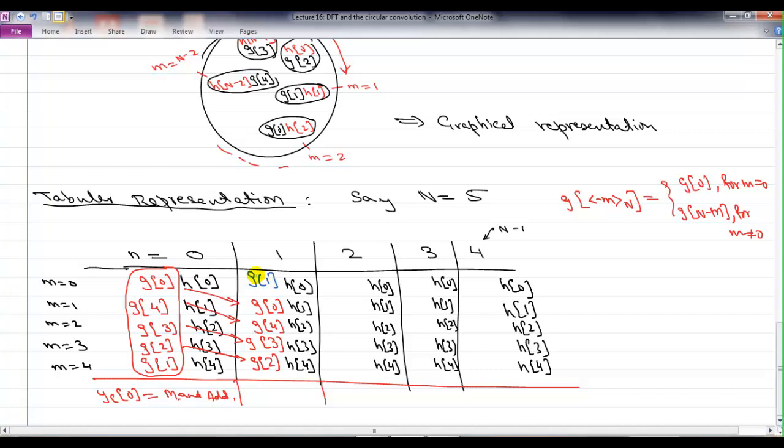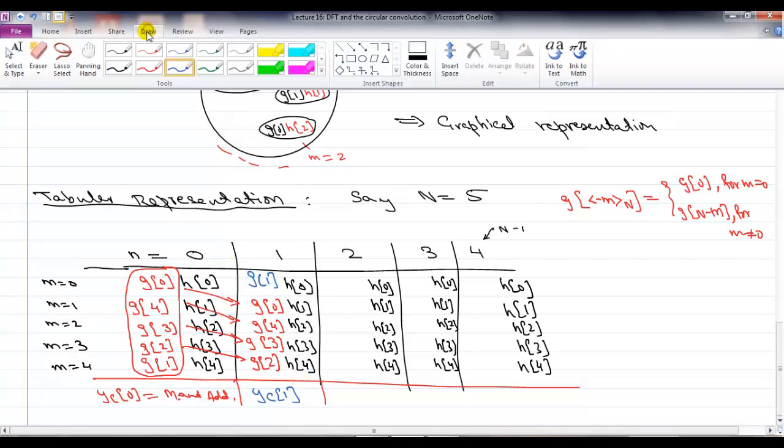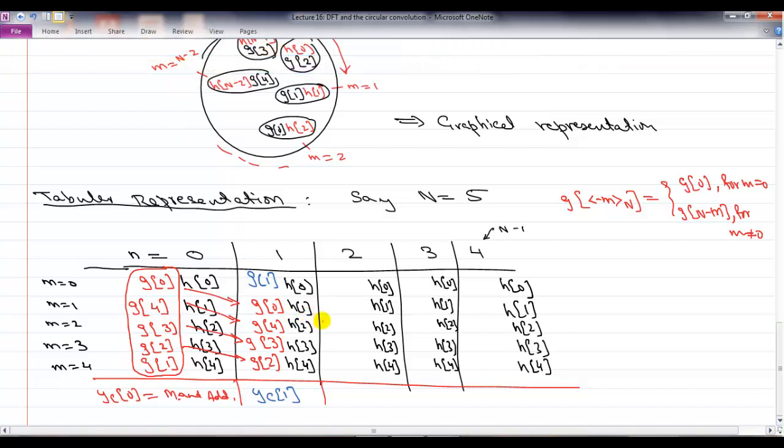Now this completes my second column, and I can simply multiply and add all of these terms to get my YC1. We can now move on to the n equal to 2 index, and once again we do the same thing. We move down all entries by one row.